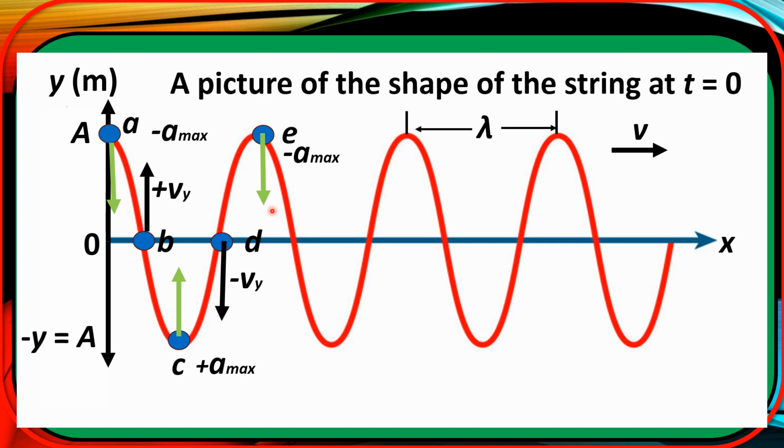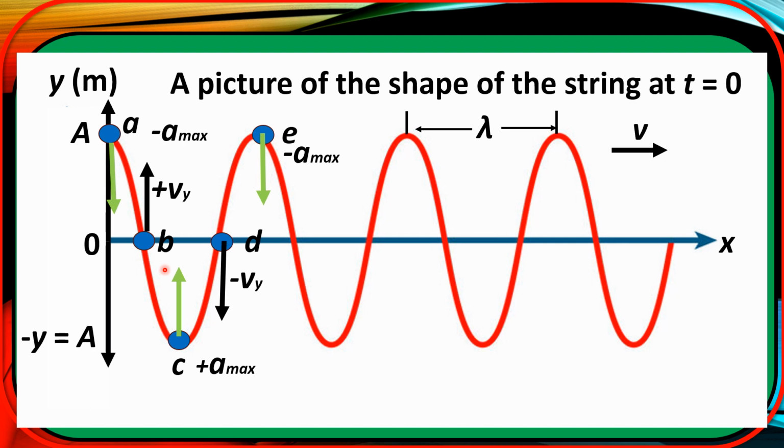So we select and describe particles A, B, C, D, and E. When a particle is at the equilibrium position y equals 0, just like particles B and D, the velocity of the particle is maximum, either positive or negative.